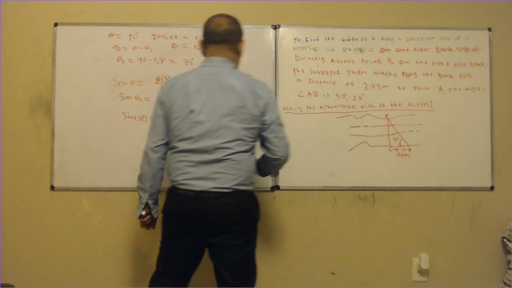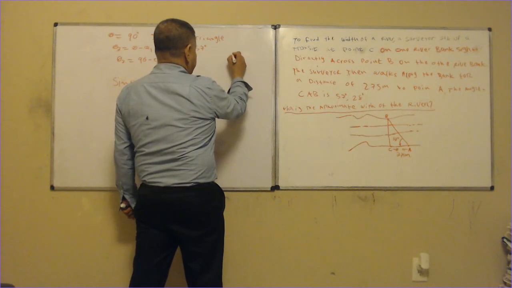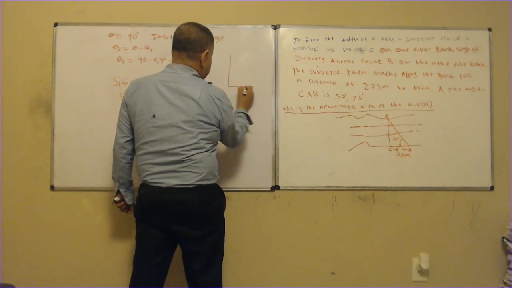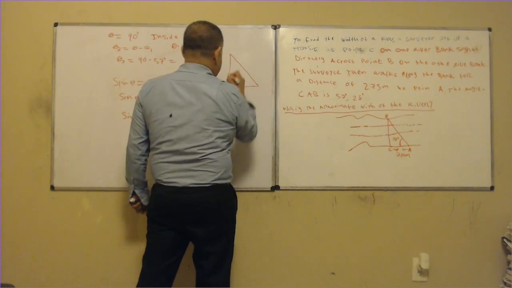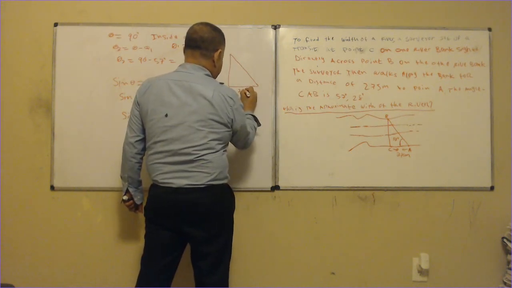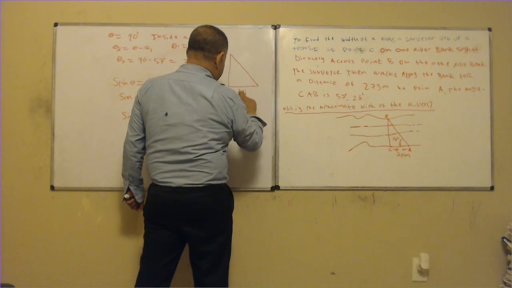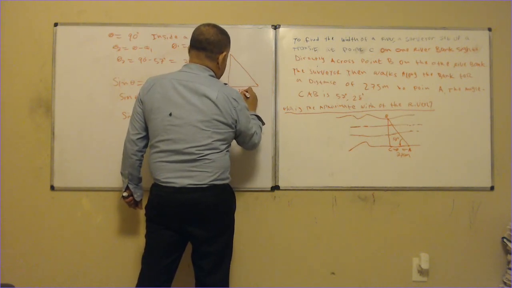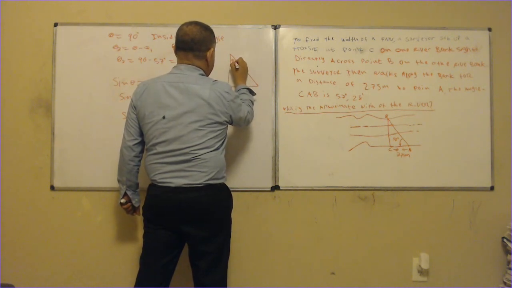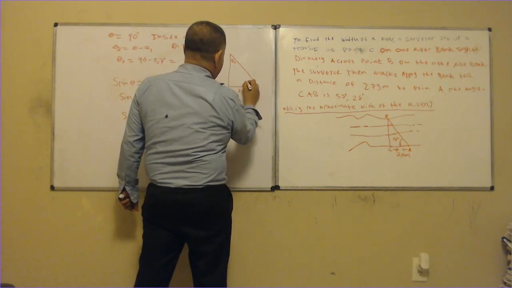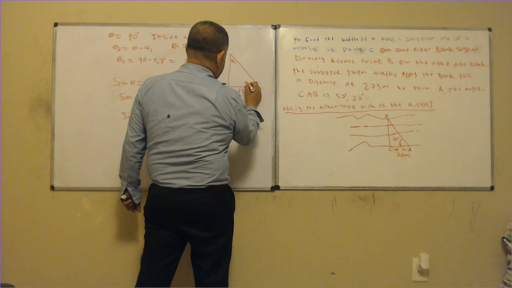So my new triangle, let me write it right here. So the new triangle looks like this. Okay, so this is 275 meters, right? And this is my theta 2. And this is theta 1 right here. Theta 1 was 57.